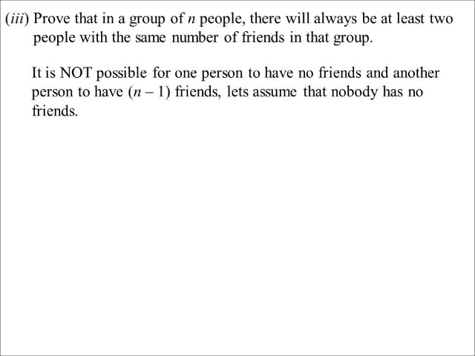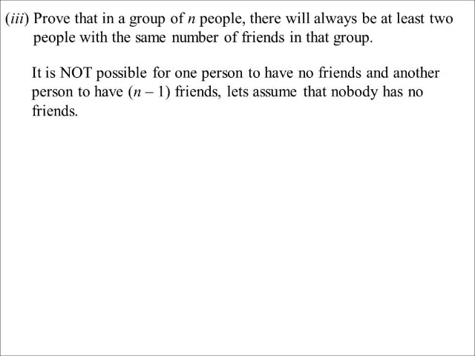And the reverse is also true. If there's someone there with no friends, it would not be possible for someone to be friends with everybody in the group. Okay. So therefore, whether I think of it as no friends is not possible or n-1 friends is not possible, we know one of those situations won't happen.